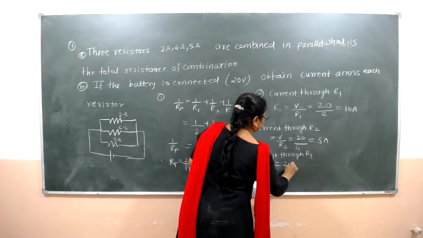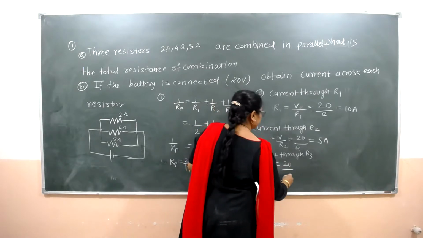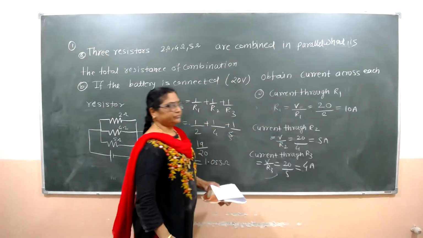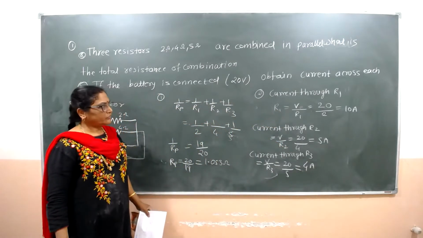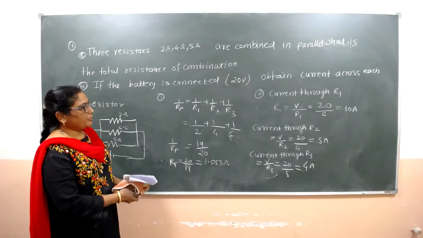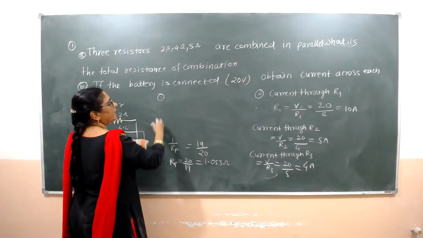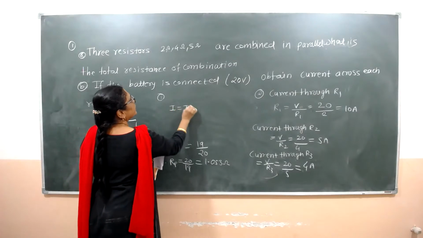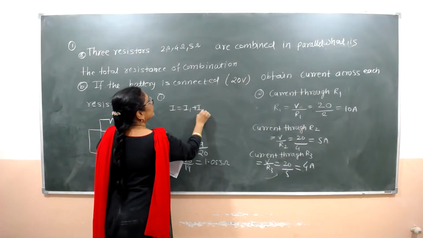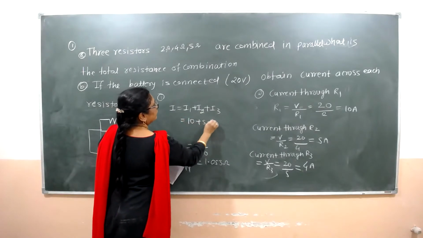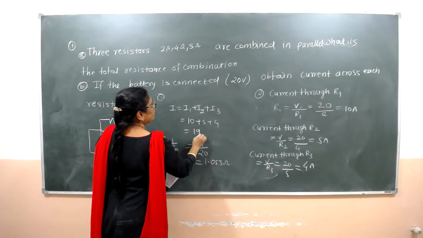So V is 20 divided by R3 is 5, that is 4 ampere. Therefore total current is I is equal to I1 plus I2 plus I3. That is 10 plus 5 plus 4 is equal to 19 ampere.